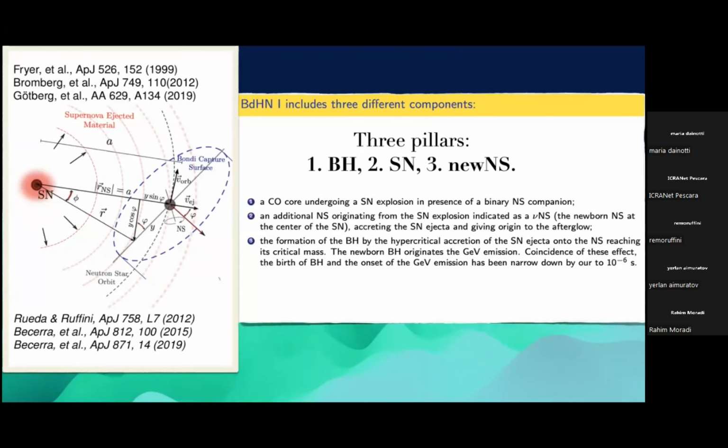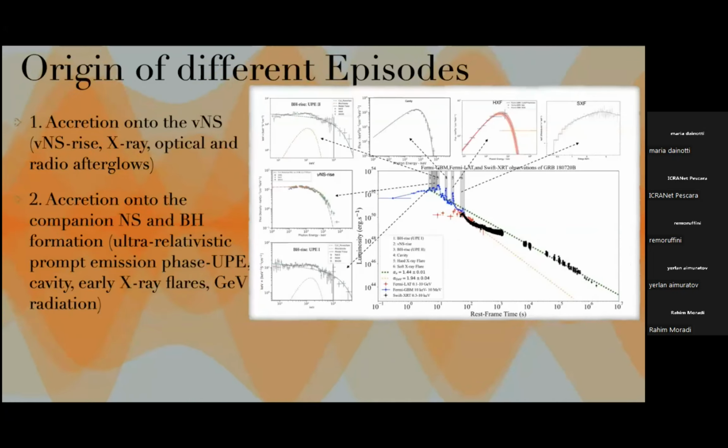And the accretion of the supernova on the black hole gives origin to the most energetic emission, which has two components: in the MeV first, which is the UPE phase, and in the GeV component, which is the power law emission.